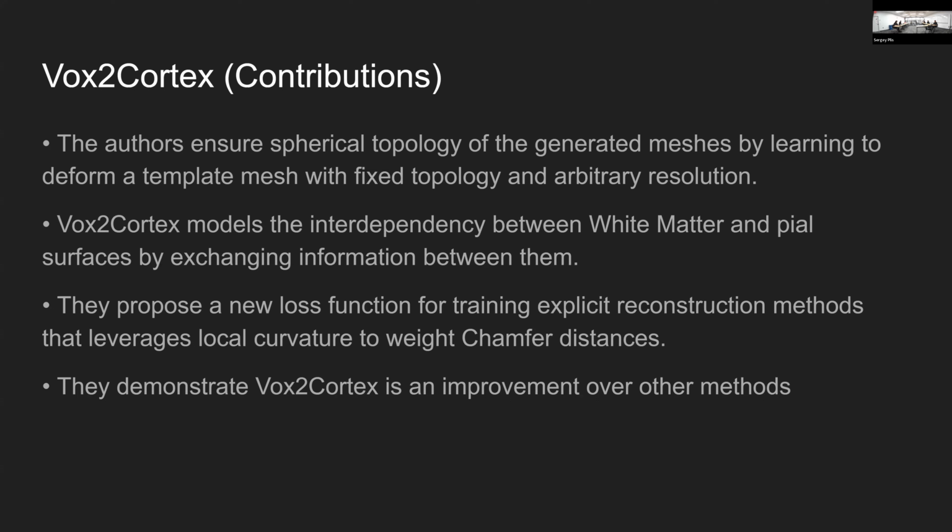BoxtoCortex models the interdependency between white matter and pial surfaces by exchanging information between them. They propose a new loss function for training explicit reconstruction methods that leverages local curvature and weights Chamfer distances, and they demonstrate BoxtoCortex as an improvement over other methods.